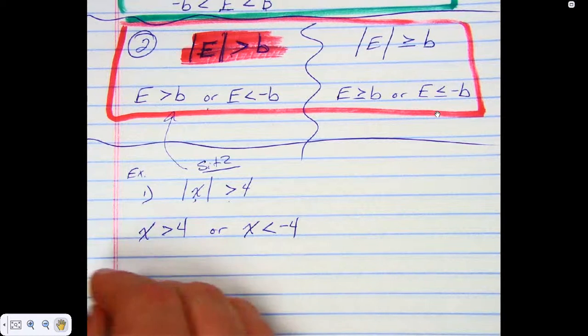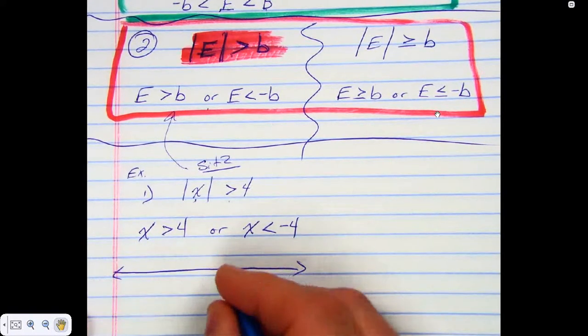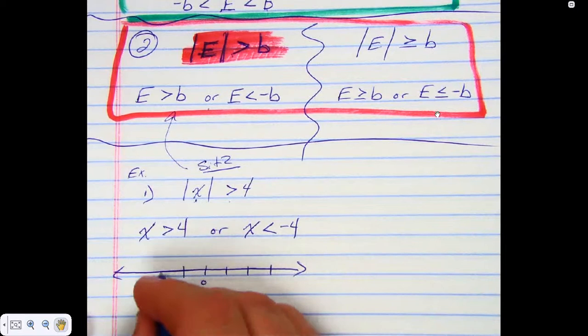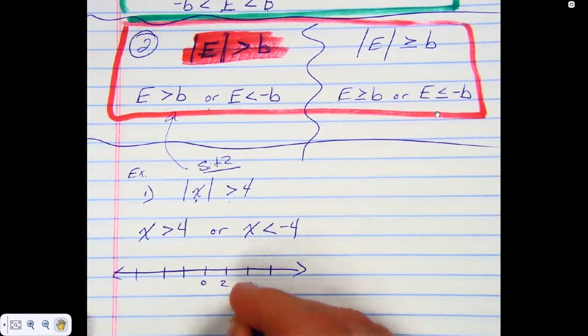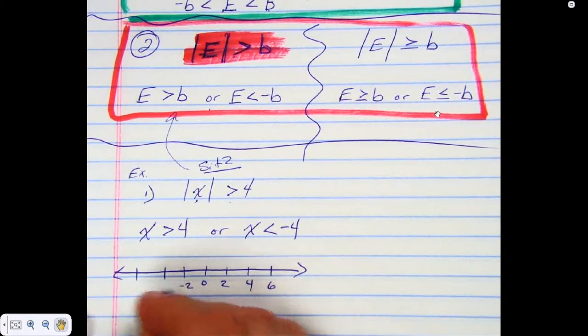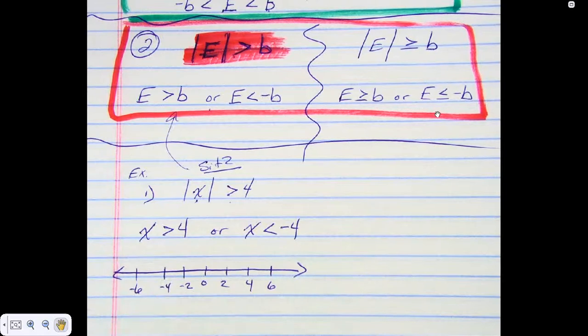If I was to graph that, what am I talking about here? Am I including the number 4?